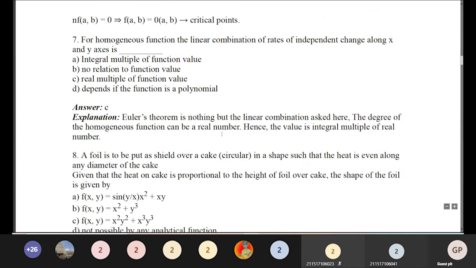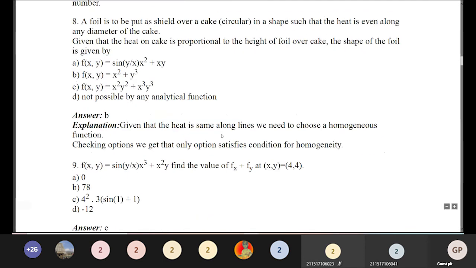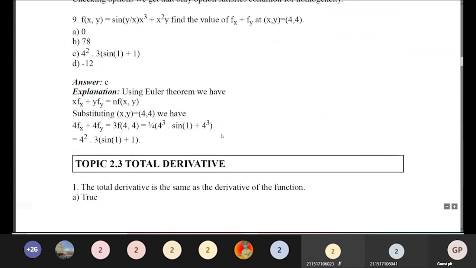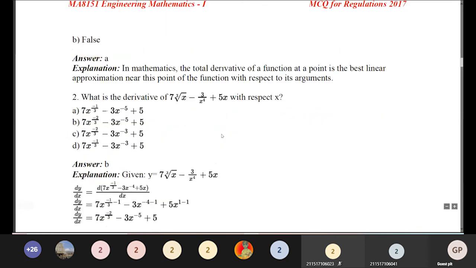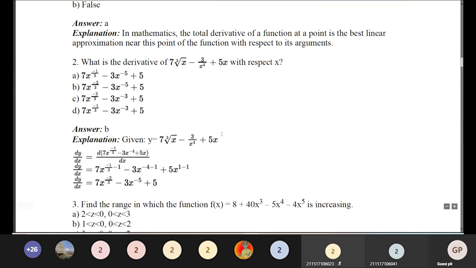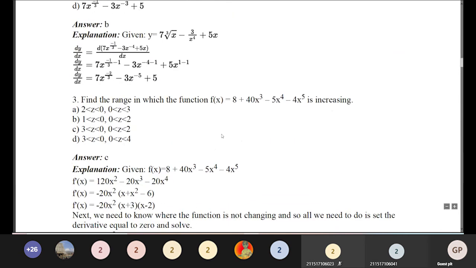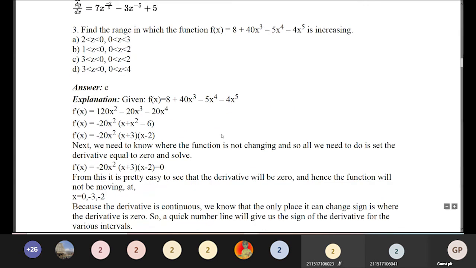These are all the definitions. Euler theorem problems. Total differentiation. Increasing function, decreasing function. In the last session we discussed.